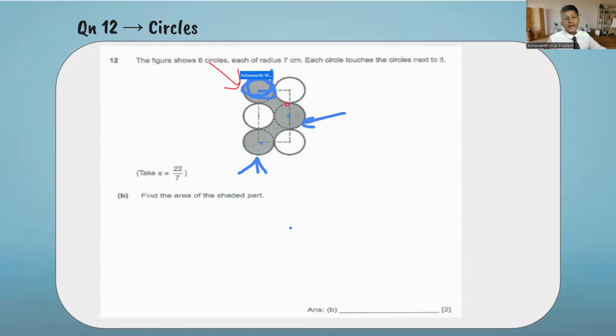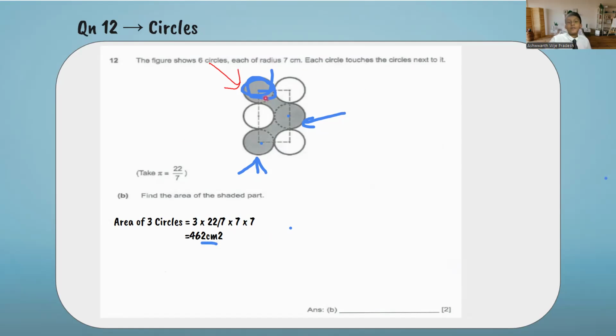By taking 3 times pi times r times r. So let's do that. 3 circles is 3 times 22/7 times 7 times 7, which is 462 cm squared.